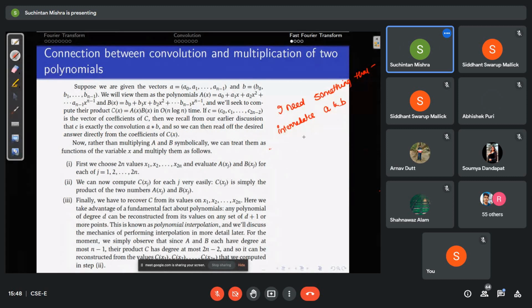Okay. So now instead of 2n values, which had to be calculated 2 times, n and n, if I can find 2n values where A and B are related, then I can apply recursion.